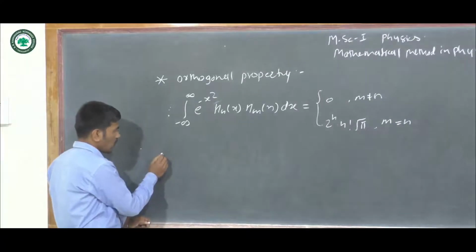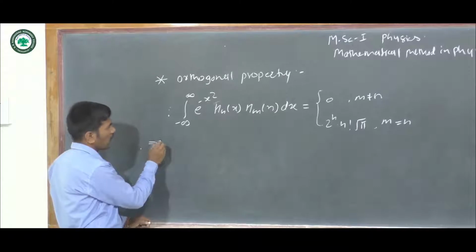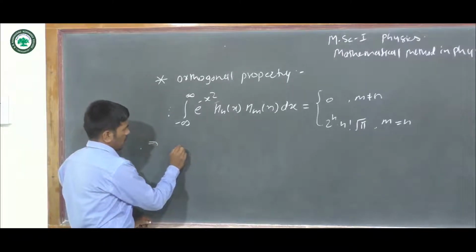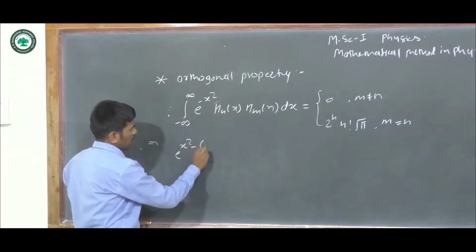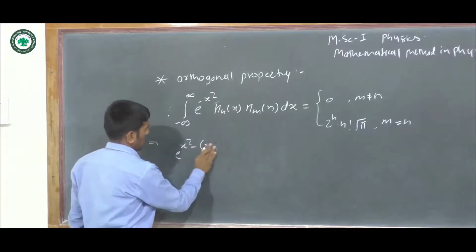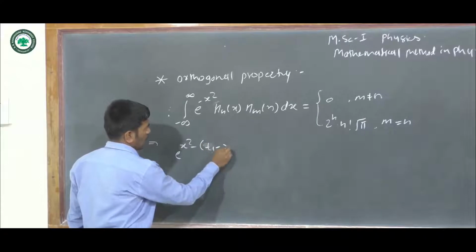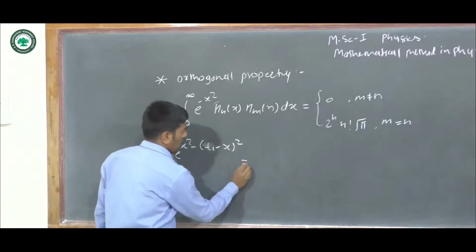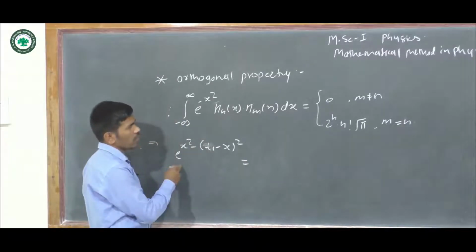functions. We know the generating function of Hermite functions. It is e raised to x square minus (t1 minus x) whole square. This is the generating function of the Hermite functions.